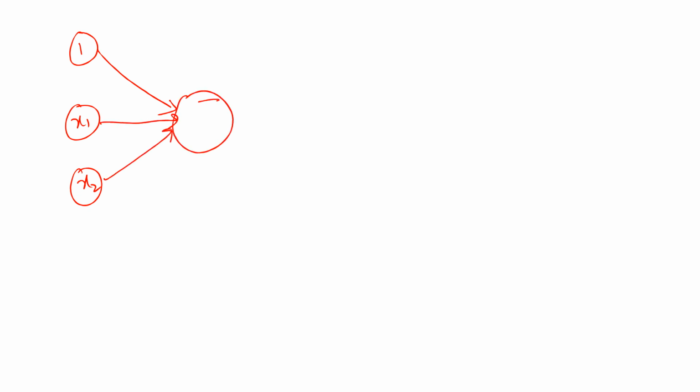So we have again the same 1, x1, x2. And I don't know what the weights are going to be because we have to think about it based on my output. This is my sine, and my output is going to be an AND on x1 and x2, assuming that we just have two inputs in this case. This is just to understand.